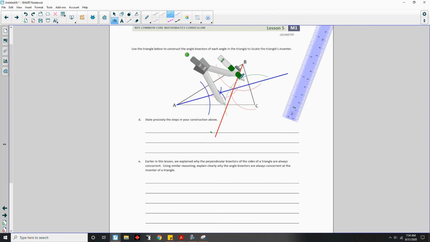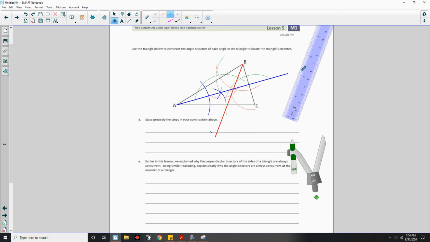I'm going to draw an arc out here, like so. I'm going to take my compass and bring it over to the other side that forms that angle, BC. Put it here, rotate my compass around, and I want to draw an arc where those two circles cross, which is right here.